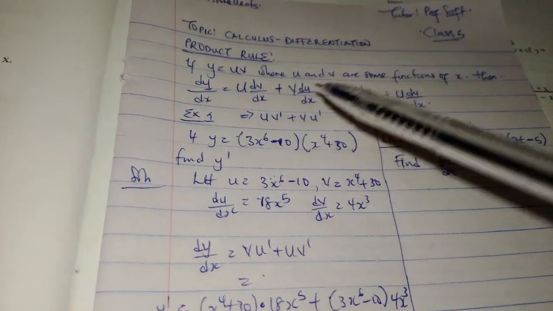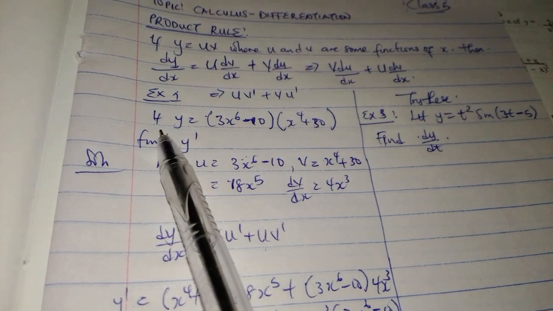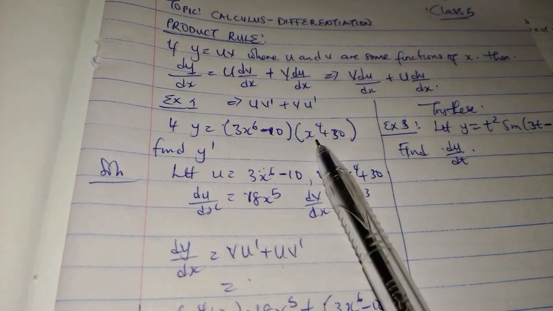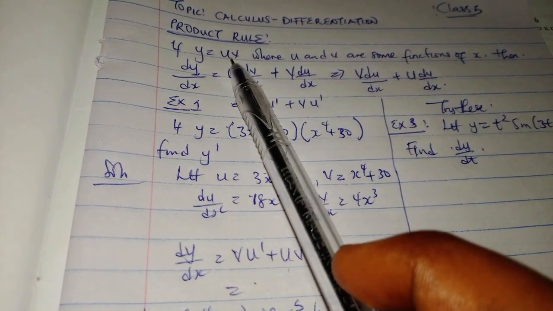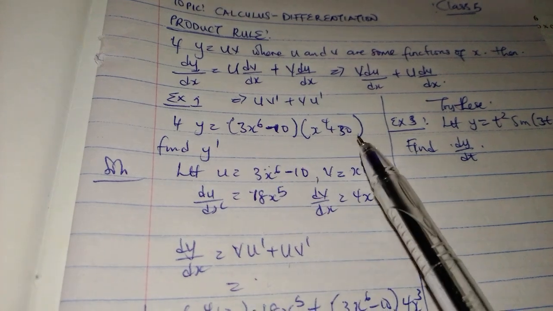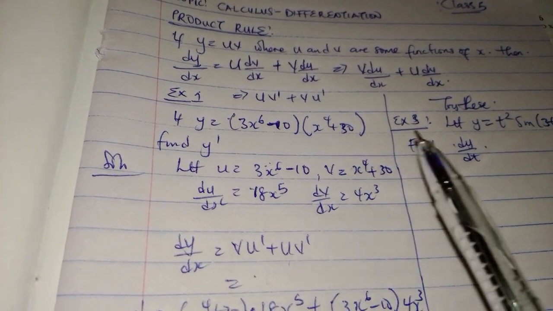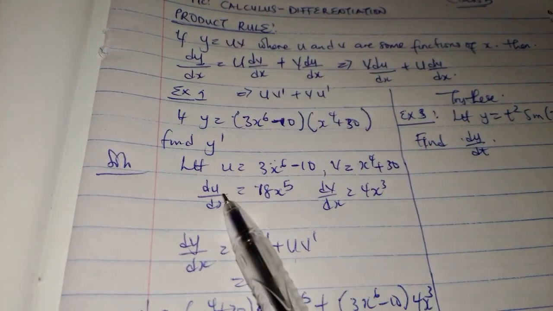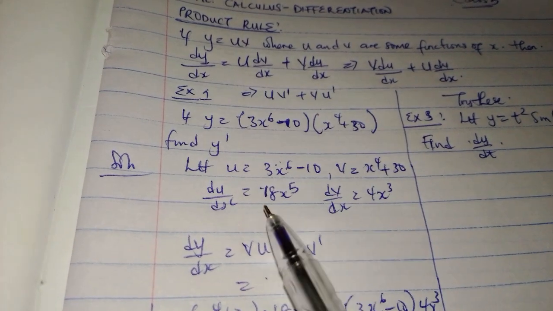Now, how do we use the product rule? Let's solve quickly. Another example: if y equals this, you say that this function is multiplying this function. You can say let u be equal to this and v be equal to this, just like uv. For us to use this formula, we already have our u and v, but we need dv/dx and du/dx.